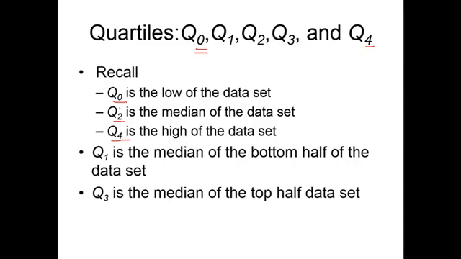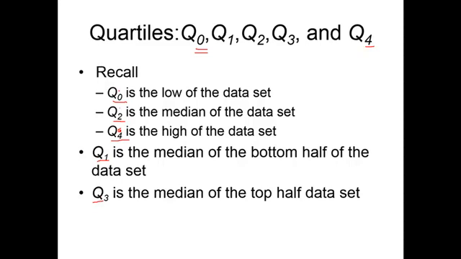Well, we've got gaps here. What about Q1? What about Q3? Q1, as you might imagine, is in the middle between Q0 and Q2. It's the median of the bottom half of the data set. Q3 falls between Q2 and Q4, and it's the median of the top half of the data set.